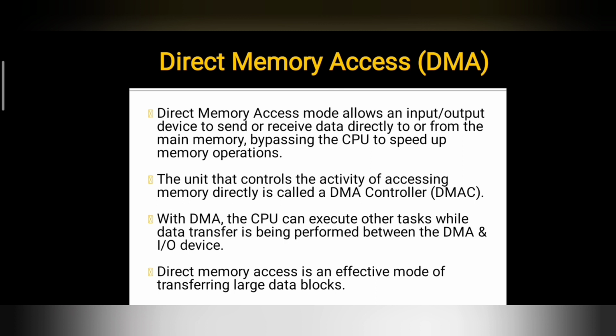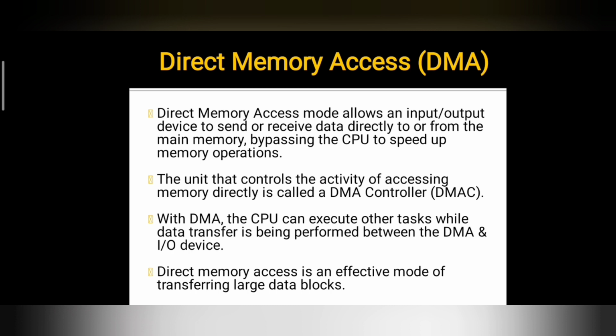Fine. Now the unit which is responsible for controlling the activity of accessing the memory directly is called the DMA controller or DMAC. With DMA, the CPU can execute other tasks while data transfer is being performed between the DMA and the IO device.